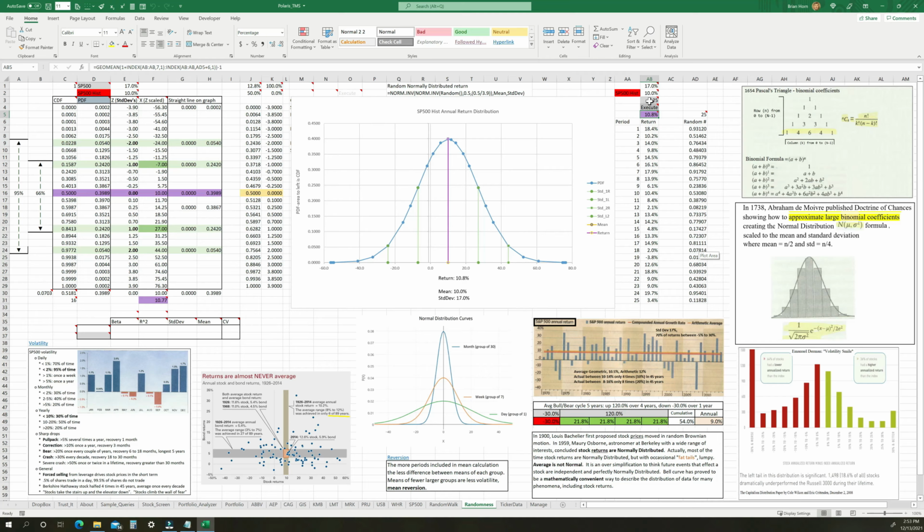Now what you notice as you change the number of years that the S&P 500 average return is being calculated over, the dispersion of the average return over the period becomes less and less dispersed as you include more and more years in a group. That is shown in this graph below here.